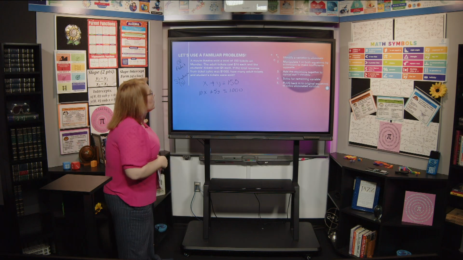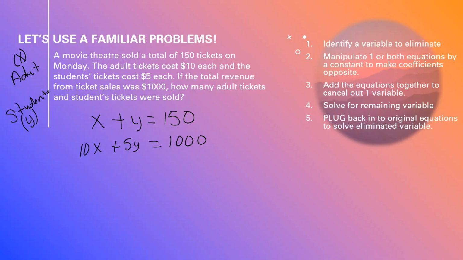Let's look and see what we've got. First, it says identify the variable you're going to eliminate. Well, I think I want to eliminate this x, and I'm putting a dot there just to keep myself organized. So the next thing I need to do, I need to make them where the coefficients are opposite. That means one is positive, one is negative, and they need to have the same coefficient. So if I am eliminating x, and I already have down here a positive 10x, I need to make up here a negative 10x.